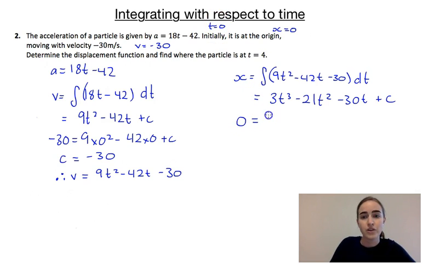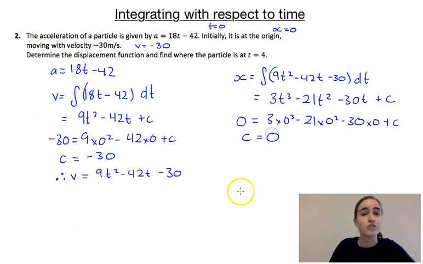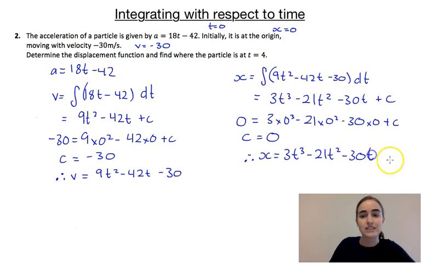So we're going to have 0 equals 3 times 0 cubed minus 21 times 0 squared minus 30 times 0 plus c, which will just tell us that this time our constant is 0. So that means that our displacement function is just 3t cubed minus 21t squared minus 30t. So it doesn't have a constant on the end because our constant was just 0.